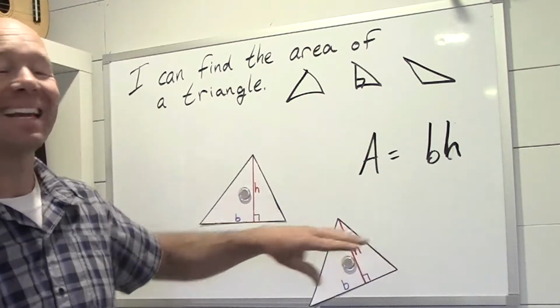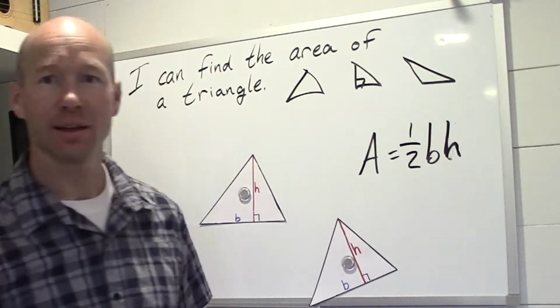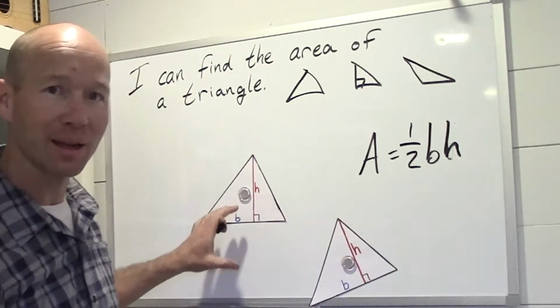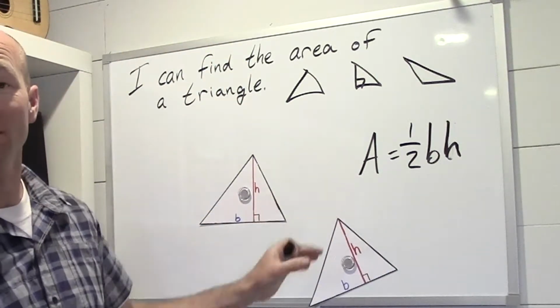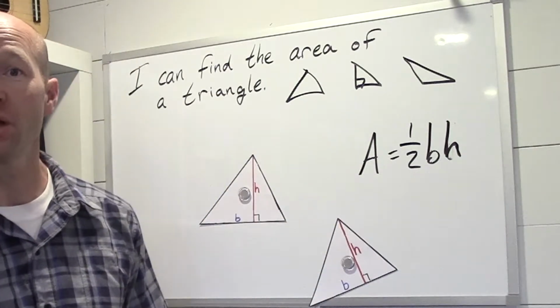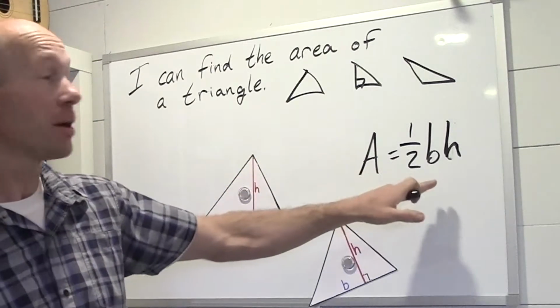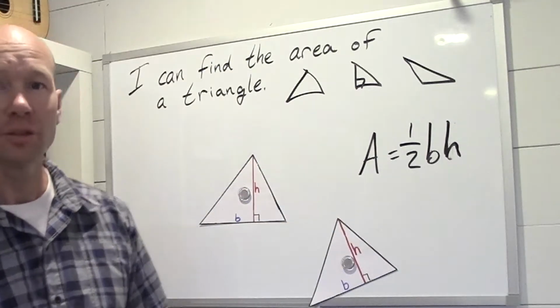That's right, it is 1/2 of the base times the height, because it is half of the parallelogram. So anytime that we have a triangle, we just have to multiply the base times the height by 1/2. So let's try one together.